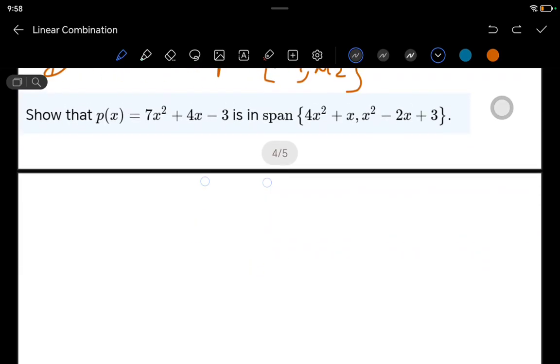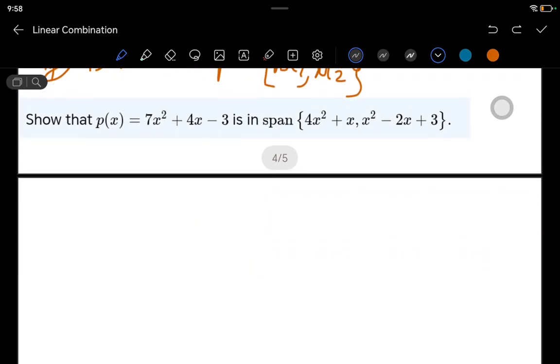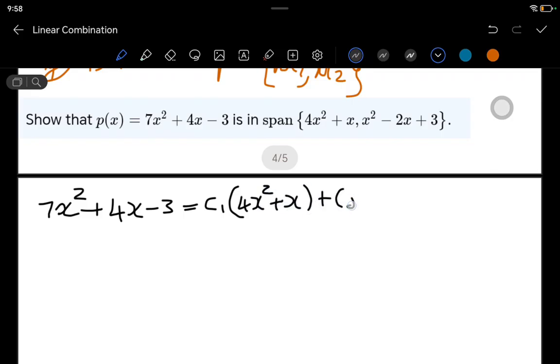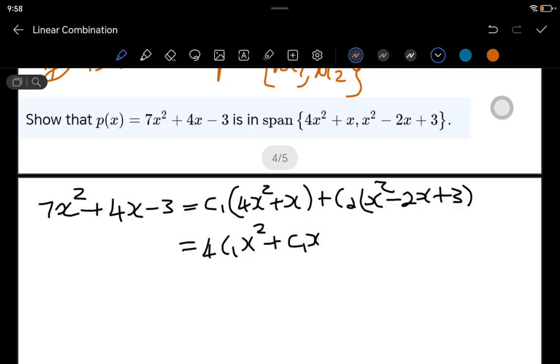You see right now. So it means that we are going to say here, 7x squared plus 4x minus 3 is equal to, name this one C1, 4x squared plus x, plus C2 into x squared minus 2x plus 3, which will be 4C1 x squared plus C1 x plus C2 x squared minus 2C2 x plus 3C2.